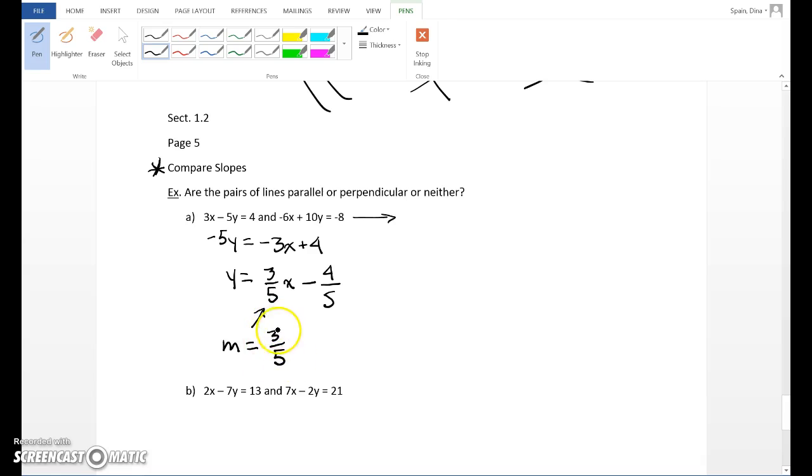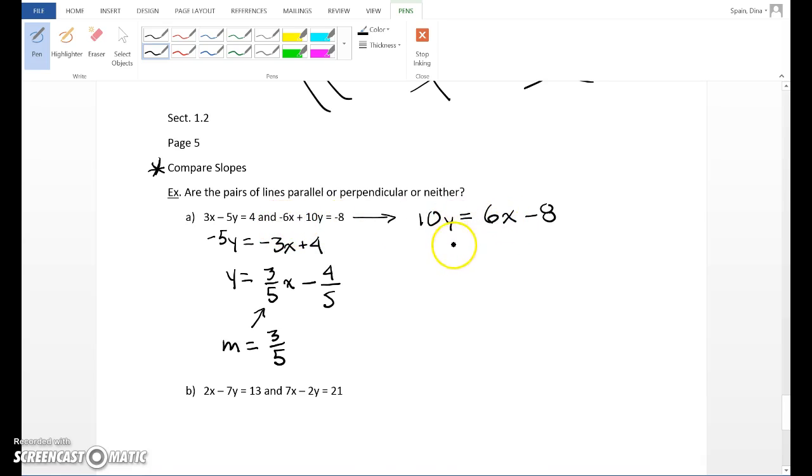That was that first equation. We found that the slope was 3/5, so we're going to compare it to the slope of this one. Again, let's get that y by itself. So I'm going to move the -6x over by adding 6x. To get it to the right-hand side, I needed to add 6x.